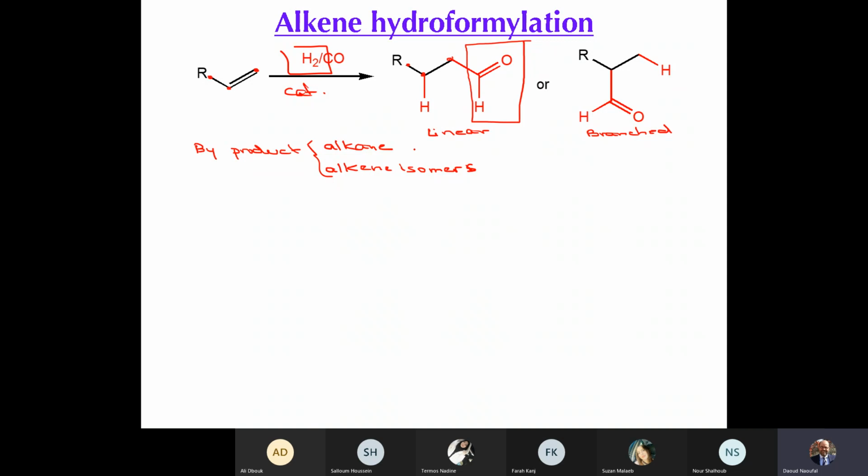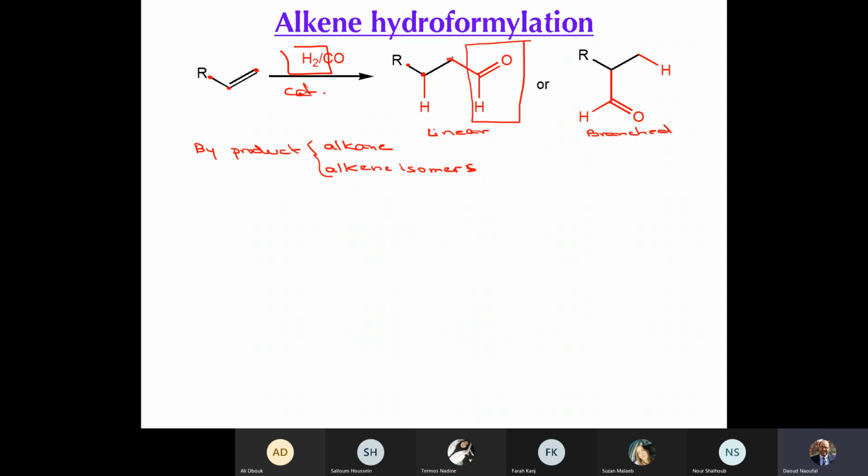And the inverse of the migratory insertion is the beta hydride elimination, so we can explain the alkene isomers. So the byproduct, the alkane, is formed by the same mechanism proposed by Wilkinson, and the alkene isomer is formed by the catalytic cycle where the key step is the beta hydride elimination. So we explain the formation of the byproducts.